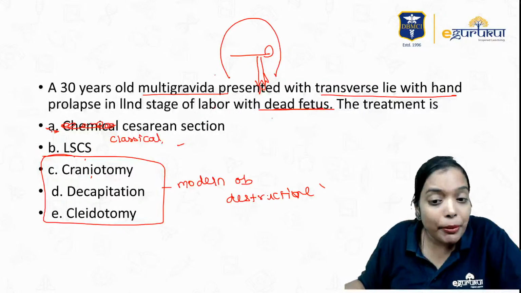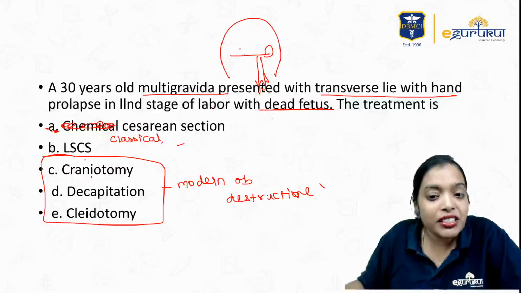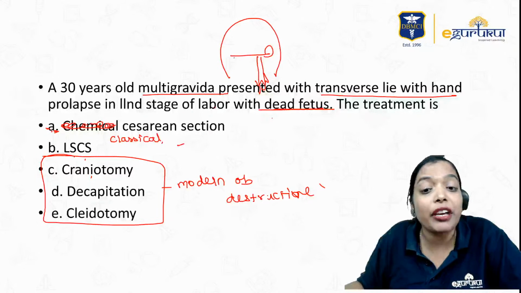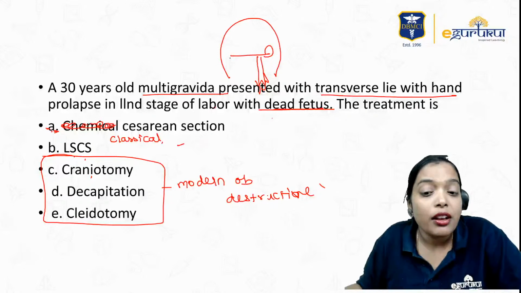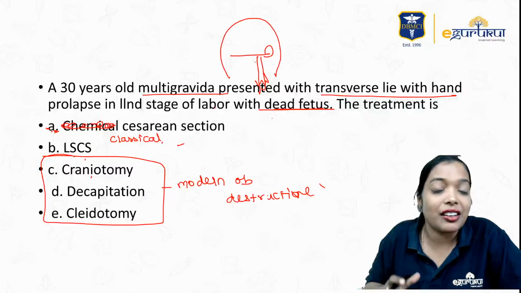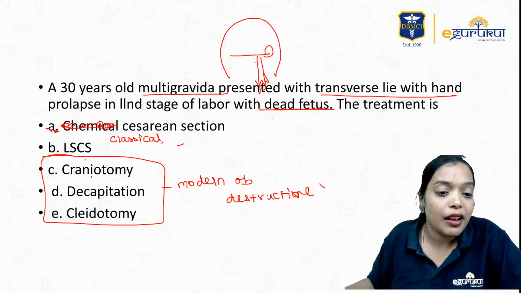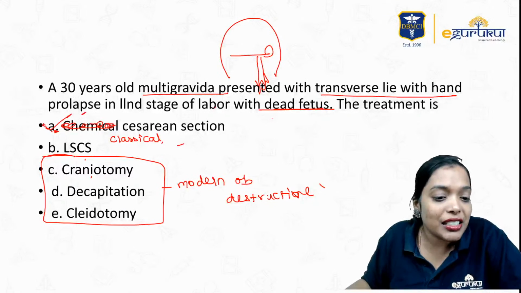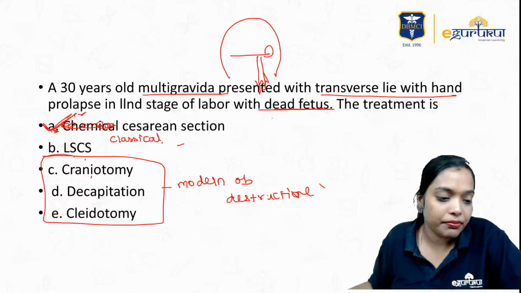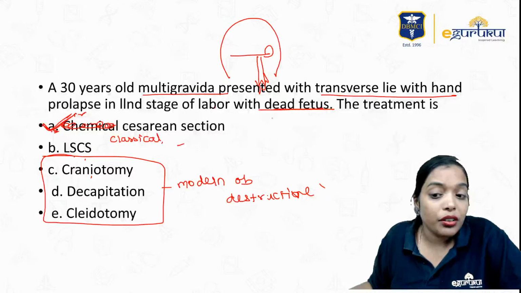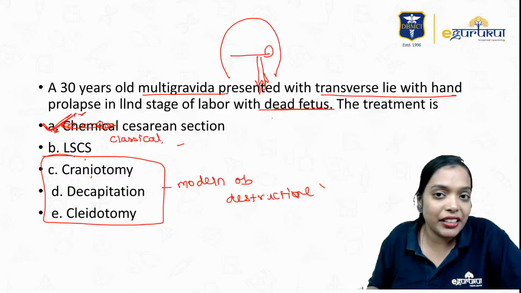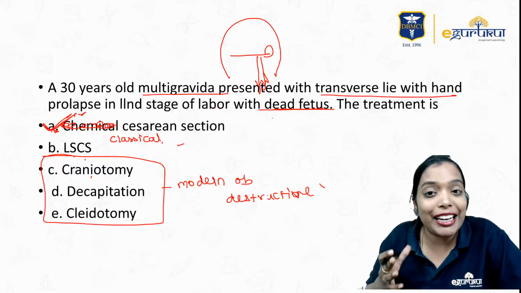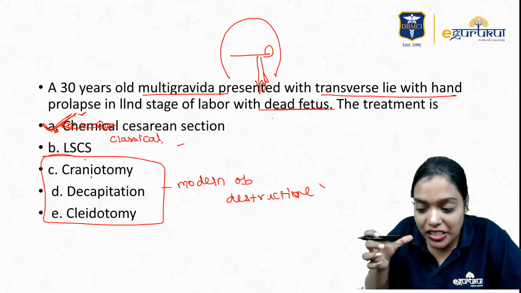As it is a hand prolapse, the baby would have been edematous. It's completely stuck, and you cannot remove this baby in the lower segment cesarean section also. So whenever you have transverse lie with hand prolapse, you require to go for classical cesarean section. It is one of the indications for classical cesarean section, because the baby would have been edematous and stuck there.